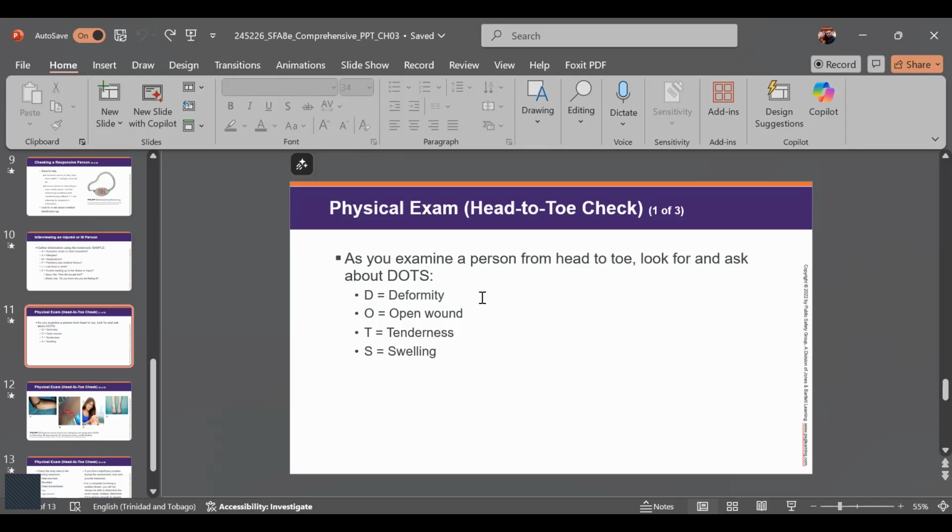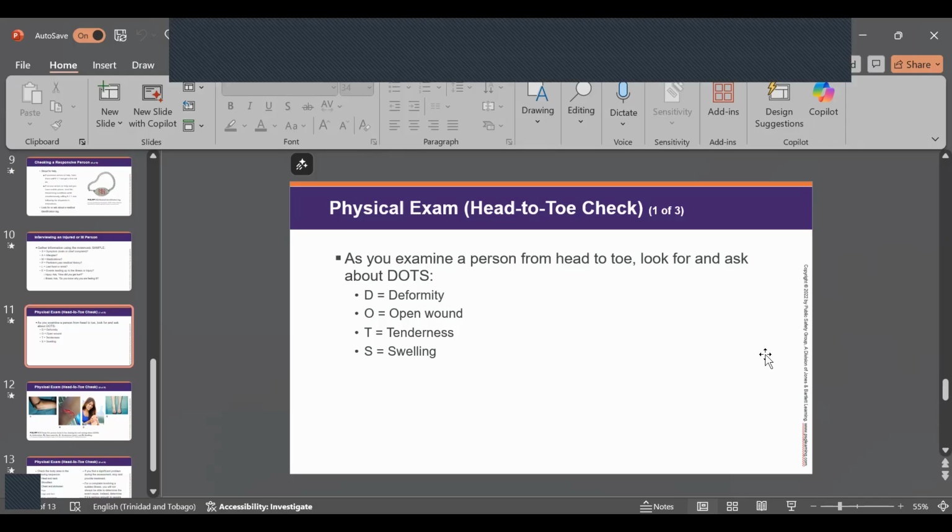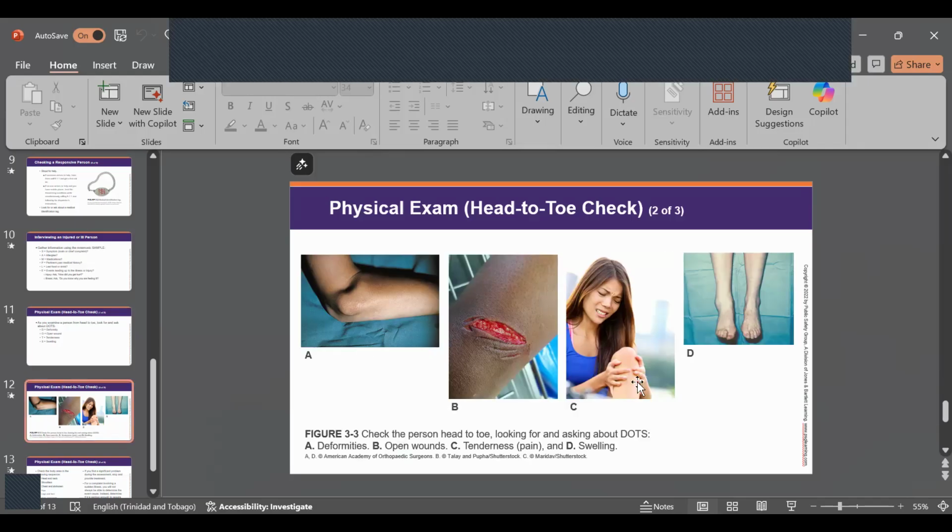So these are some of the things we're looking for when we talk about DOTS. D, a deformity here. O, open wound. T, tenderness, pain in the area you touch. S, swelling. With swelling, obviously, you want to compare both limbs, right?